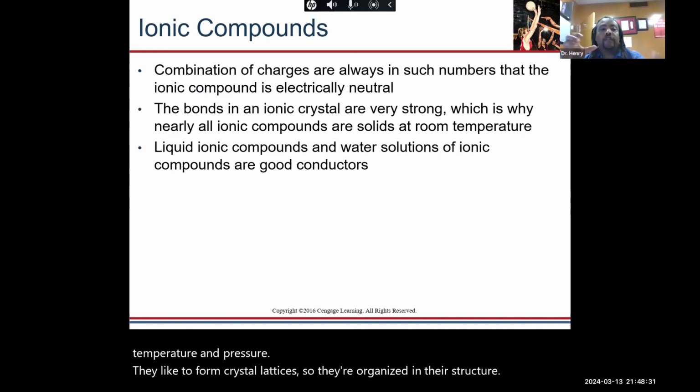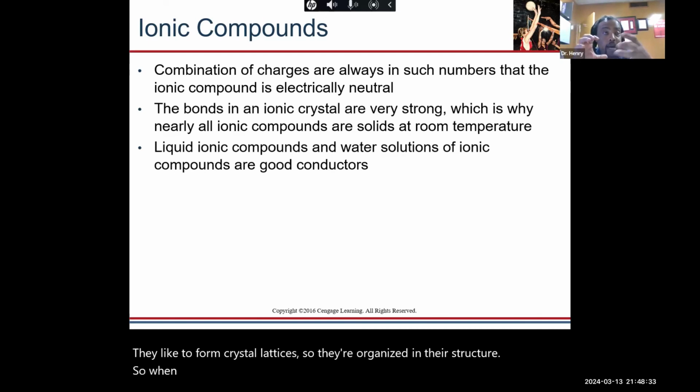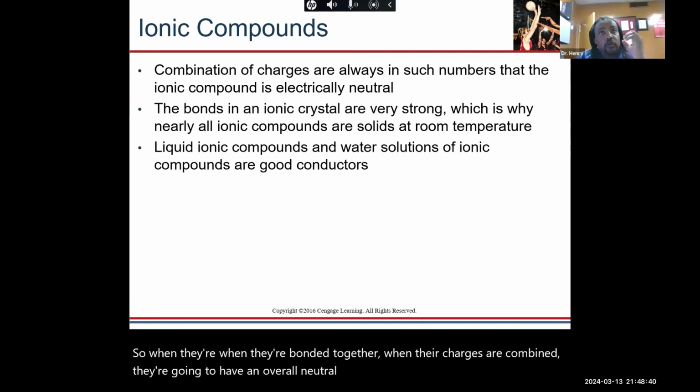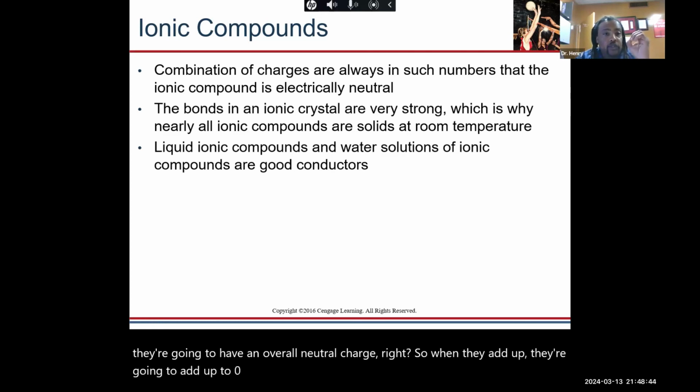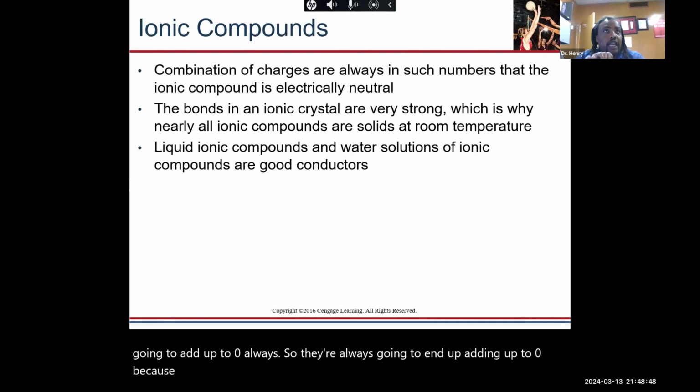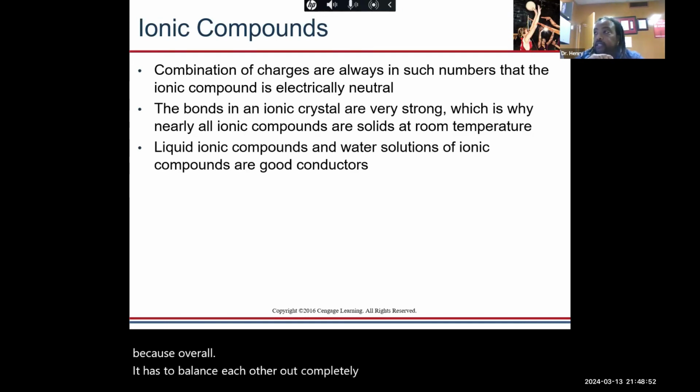When their charges are combined, they're going to have an overall neutral charge. So when they add up, they're always going to add up to zero, because overall it has to balance out completely.